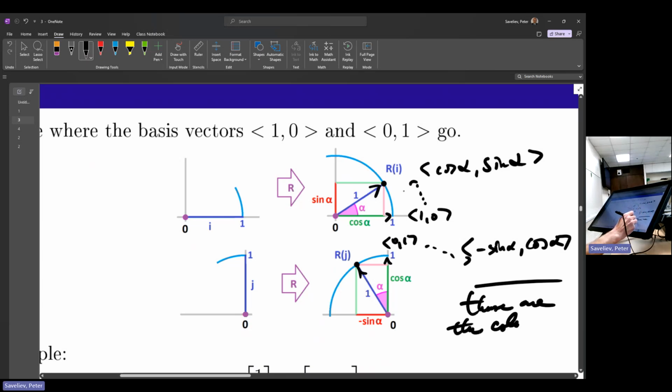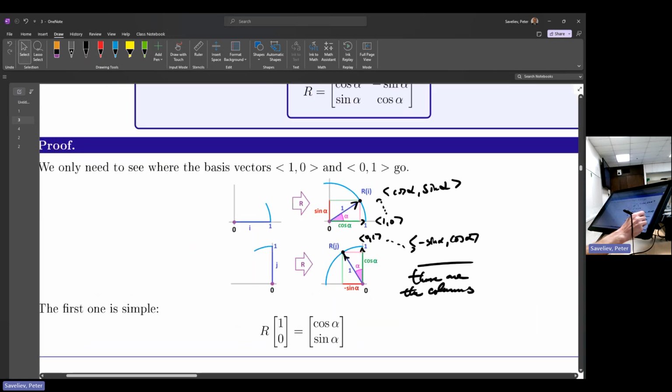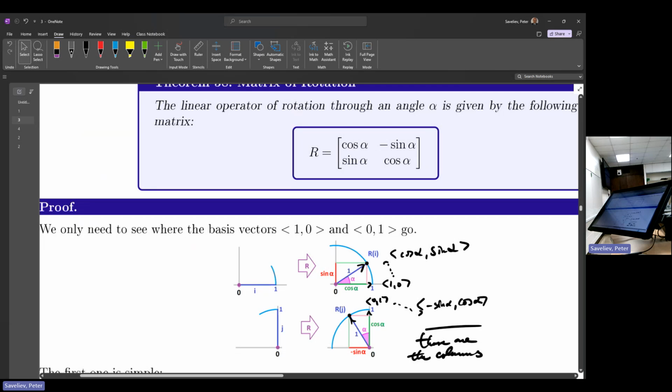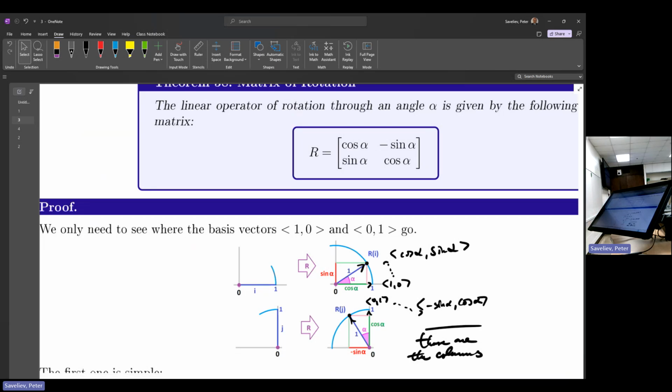Even though I write them as a row, these are the columns, and these columns make up my matrix. So you're rotating whatever your original one was by alpha counterclockwise.